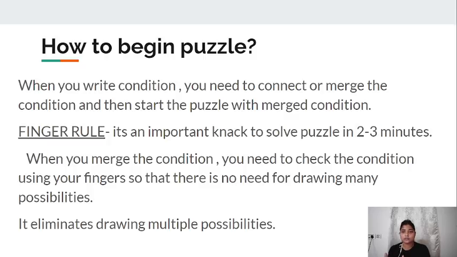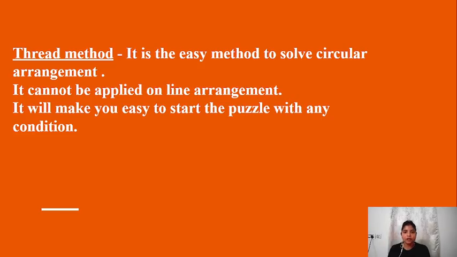Now, the thread method. In a circular arrangement, draw a circle. We assume that circle as a thread, and when we open the knot of that thread, it becomes a line. That is what the thread method is. While solving a puzzle in circular arrangement, you will not be able to start the puzzle immediately, and you will get confused about where to start.